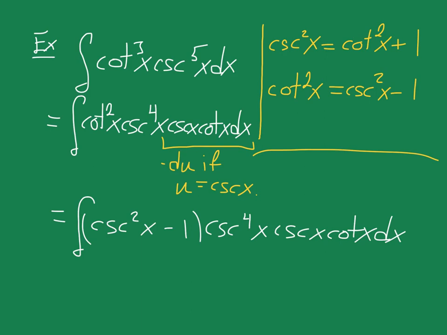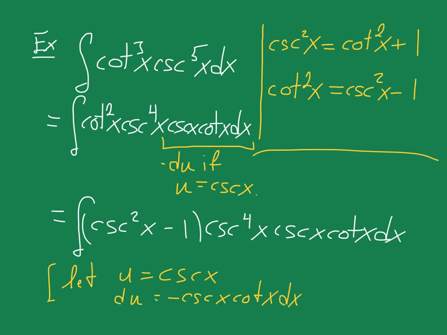We're in a good position to let u equal cosecant x, because then du is equal to minus cosecant x cotan x dx, meaning that minus du is what we see here, cosecant x cotan x dx.